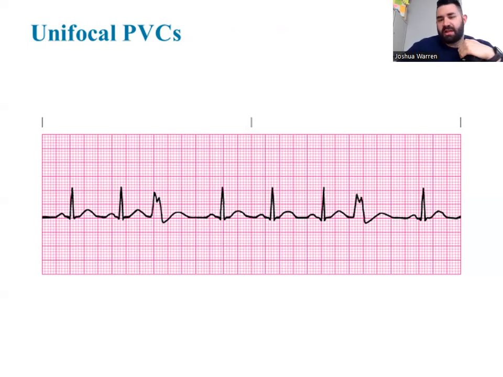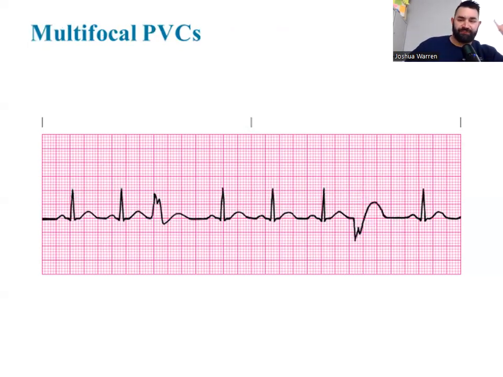Now, what if they're coming from different sites? Multifocal, meaning multiple sites, they look different. That means there's more than one site of irritable, pissed off ventricular meat that exists right here for this patient. Yes. These kind of calls you will run.